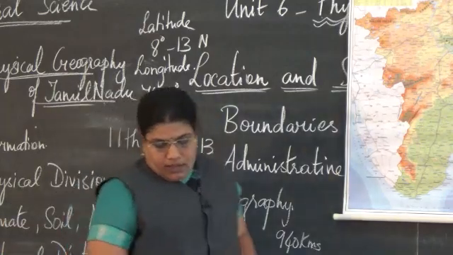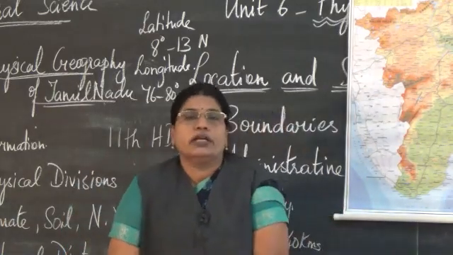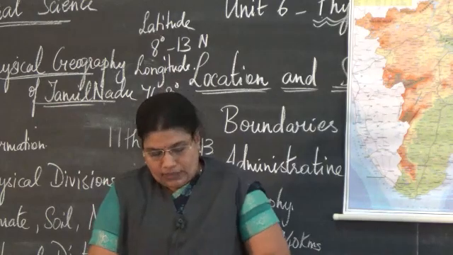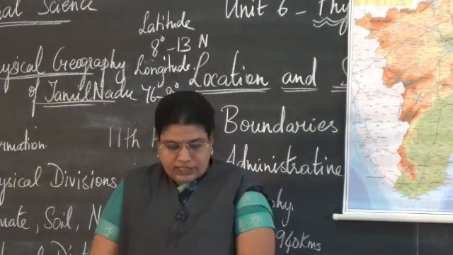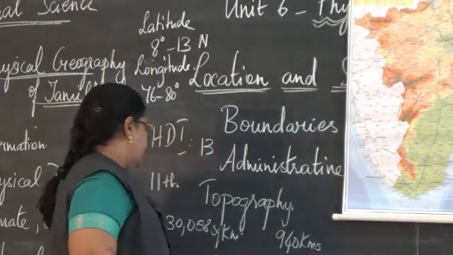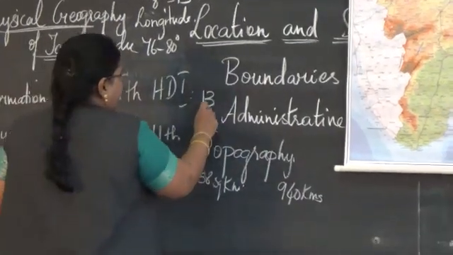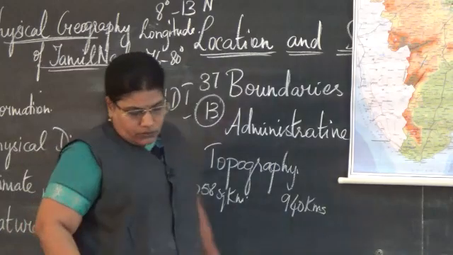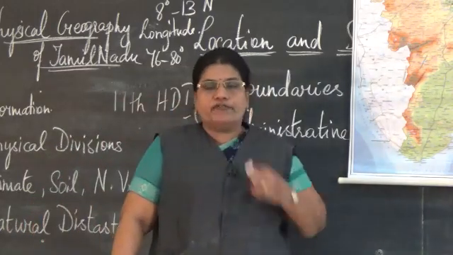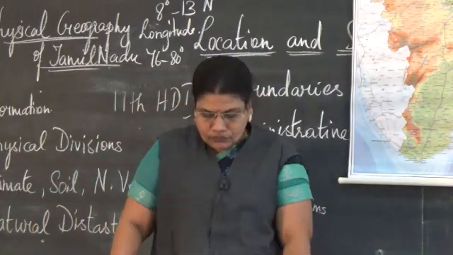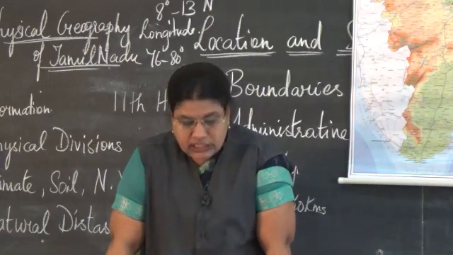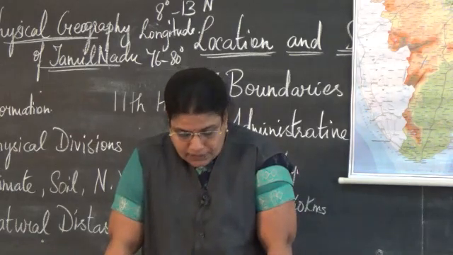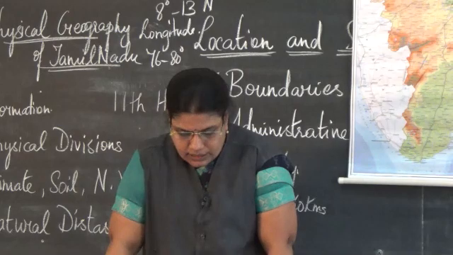After that, the state was reorganized several times, and for administrative convenience, at present, we have nearly 37 districts. Some new districts have been created for administrative convenience. They are Kallakurichi, Chengalpet, Ranipet, Tirupattur, Tenkasi, etc.